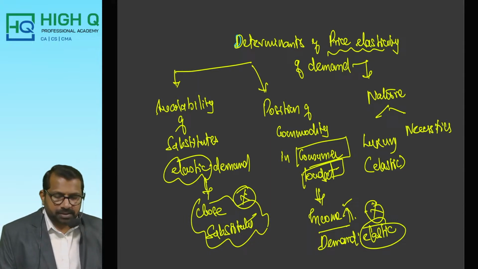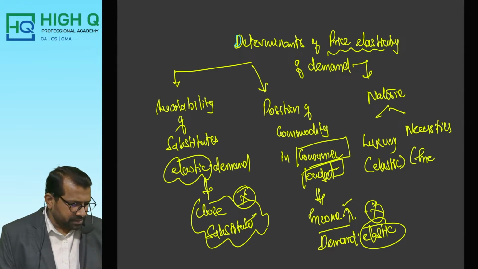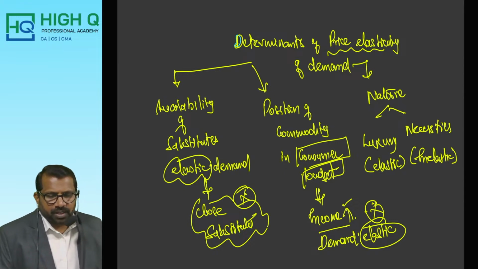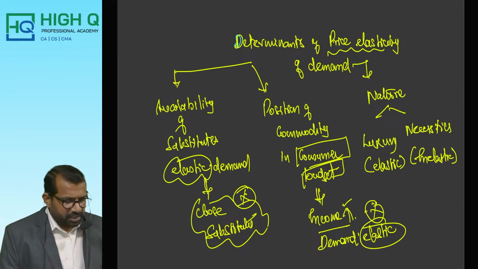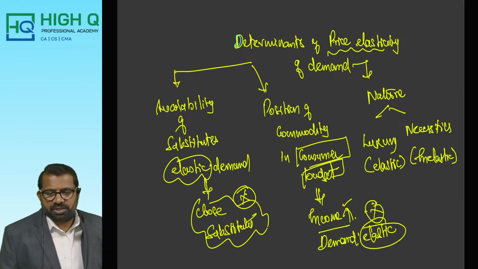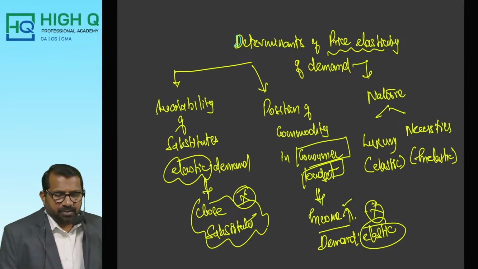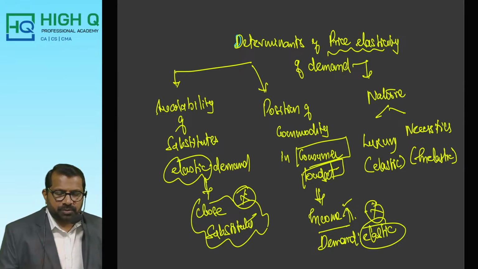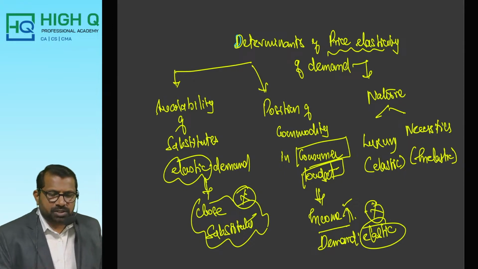For necessities or necessary goods, demand is always inelastic. Even a small change in price which influences the demand is called inelastic demand. For example, a matchbox: even if the price changes very slightly, the demand in the market remains. Even a small change won't influence consumers to stop buying the commodity. But for prestigious and luxury goods, even when the price is higher, some consumers will show interest in buying those goods.